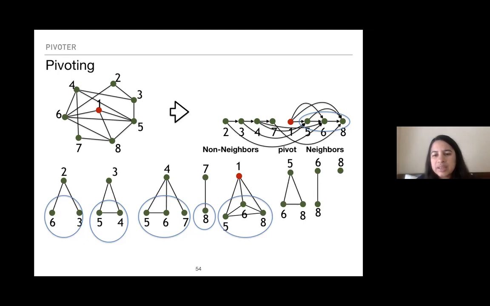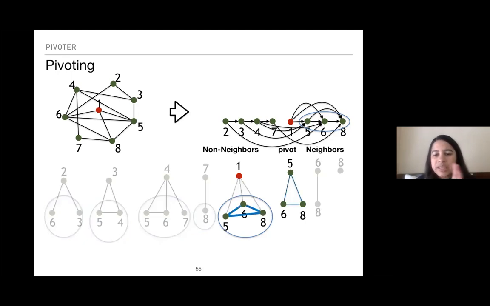But we notice that the tree of 5 is actually contained in the out neighborhood of 1. The tree of 6 is contained in the out neighborhood of 1. The tree of 8 is contained in the out neighborhood of 1. This is precisely because all of the vertices that follow 1 are neighbors of 1. So any clique that we discover amongst the neighbors of 1 will also form a clique with 1.